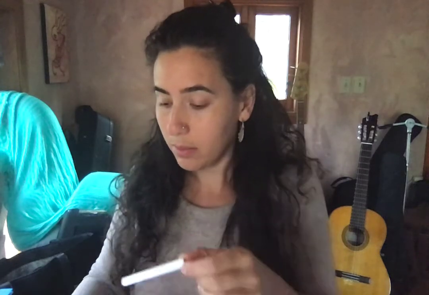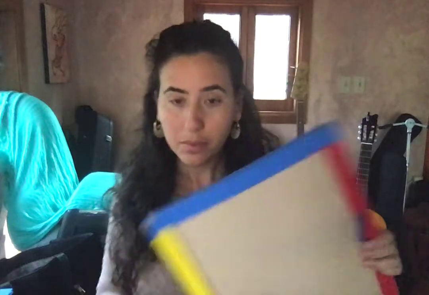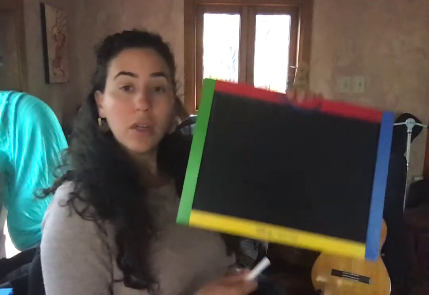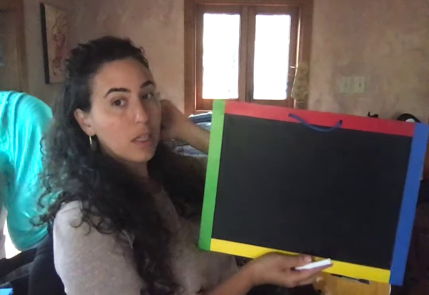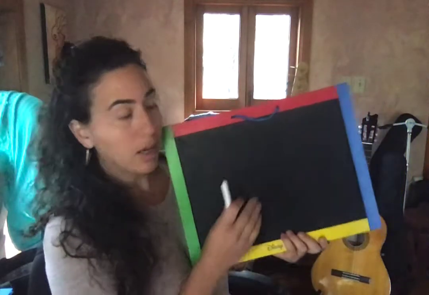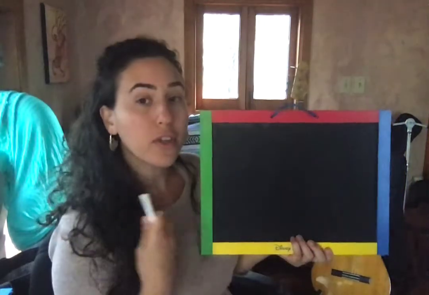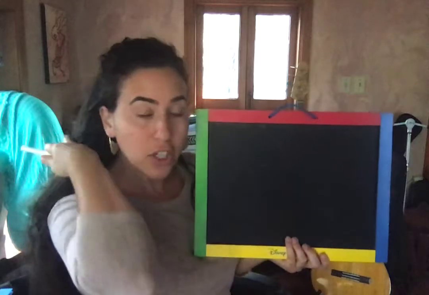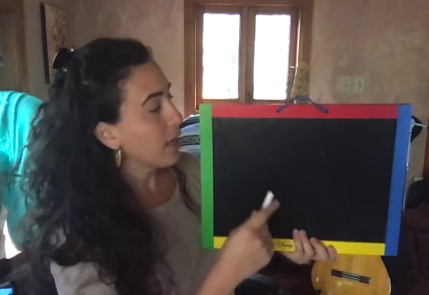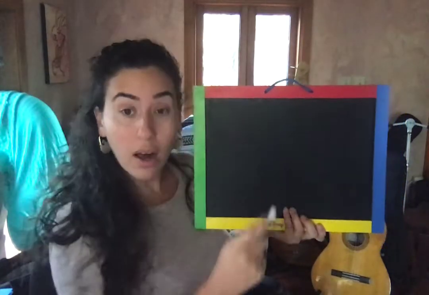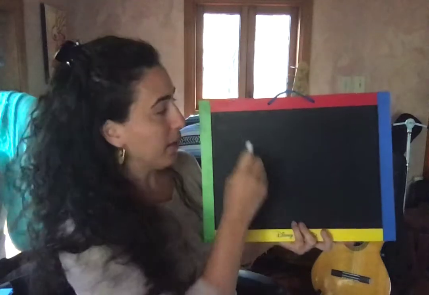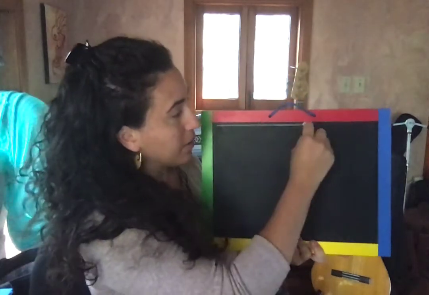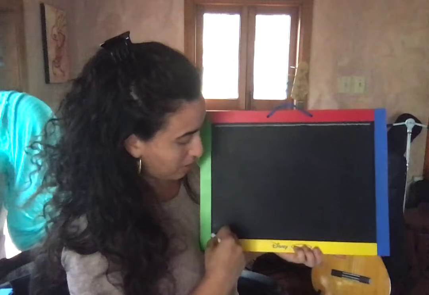So I'm going to explain to you on this blackboard that I have how to introduce these concepts of letter sizes. So first things first, a child or a student needs to understand that when we write, there's a top line, there's a bottom line.